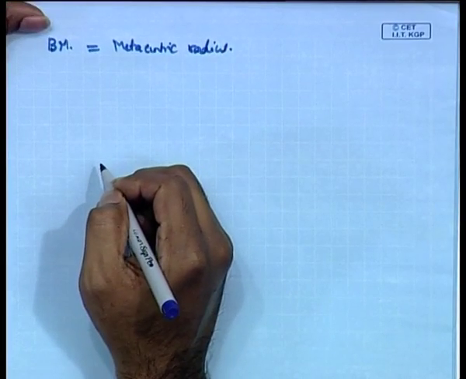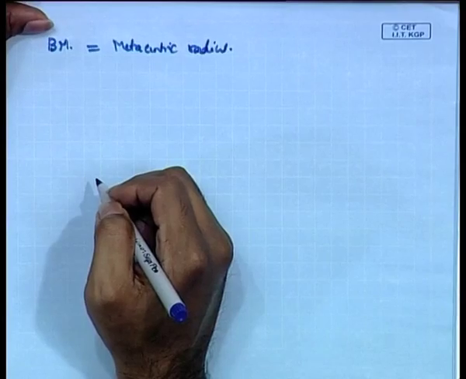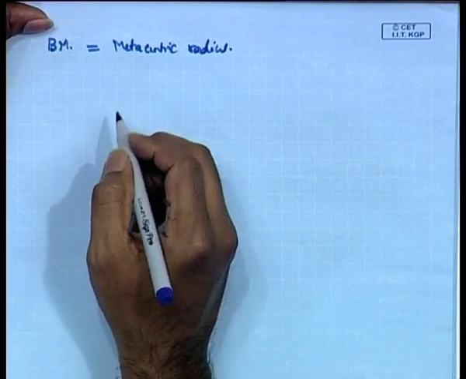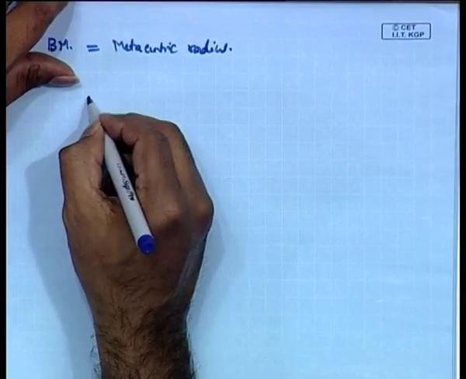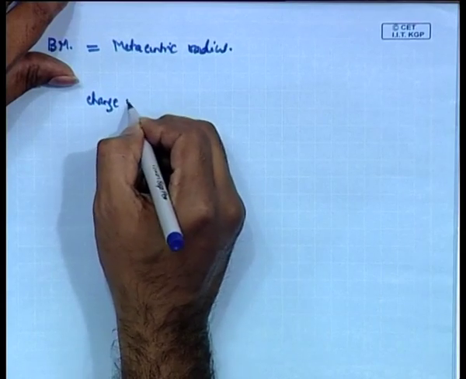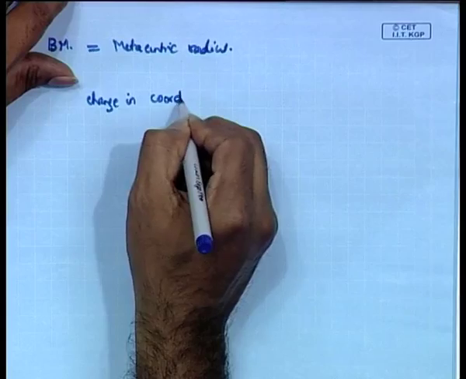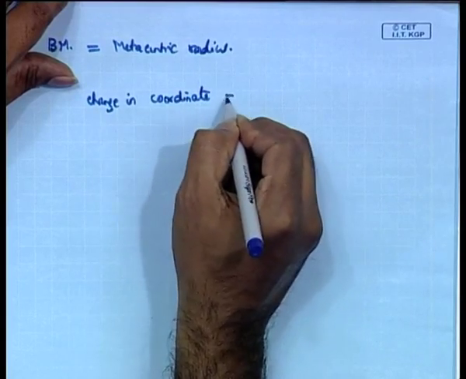Now, let us assume that G remains the same, and because of some force or some wind acting, there is a small heel and an angle of inclination, and the center of buoyancy shifts from B0 to B phi. If that has happened, then the change in coordinate, how do you find it?